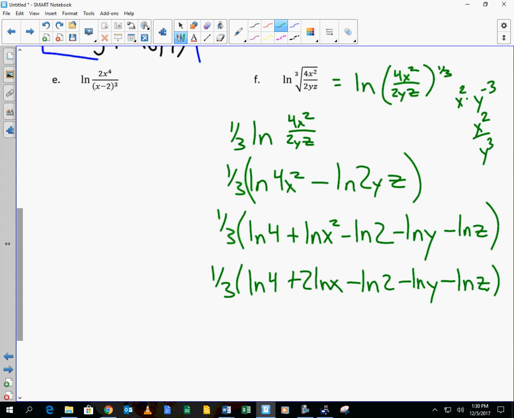So it has a negative value as well. But then look at those that are in the numerator. X squared. That's in the numerator. So it has a positive value. The 4, numerator, positive value. Okay? And then 1/3. See that? Very good. Flip it over.